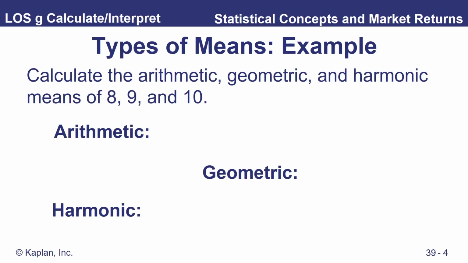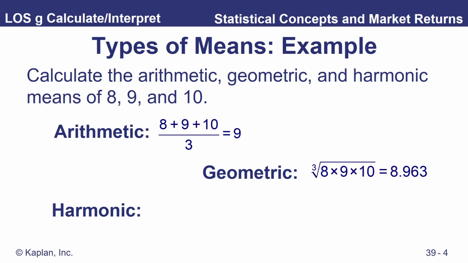Now they like us as well to be able to interpret these, in particular rank them from lowest to highest. Now we're asked to calculate the arithmetic, geometric and harmonic mean of 8, 9 and 10. So arithmetic mean, 8 plus 9 plus 10 divided by 3 is 9. Geometric mean, now when you're dealing with whole numbers like this, it would be simply 8 times 9 times 10 to the power of a third.